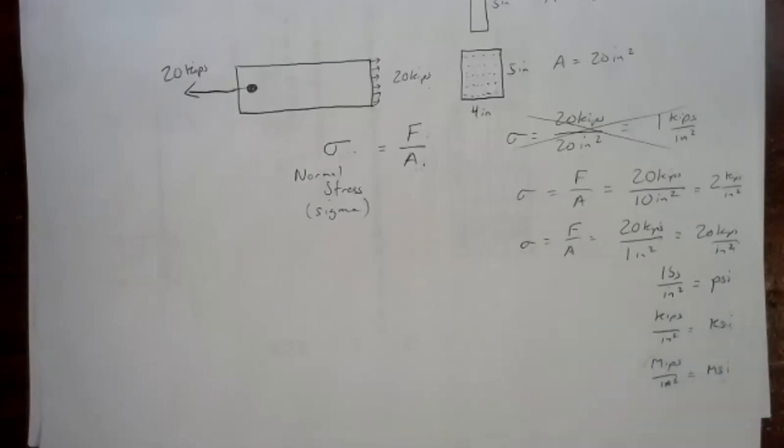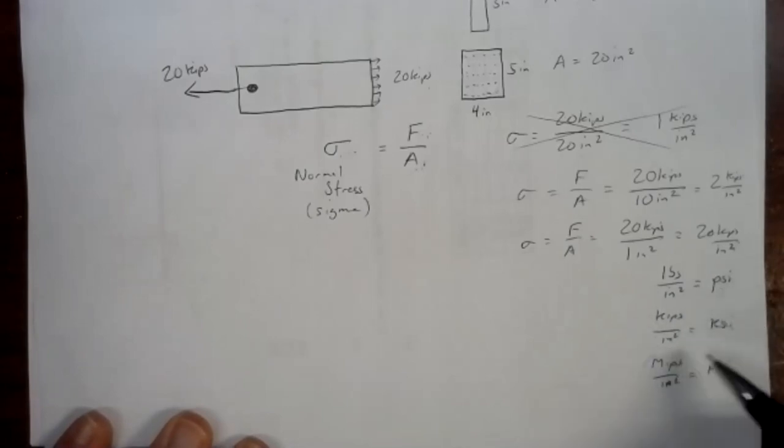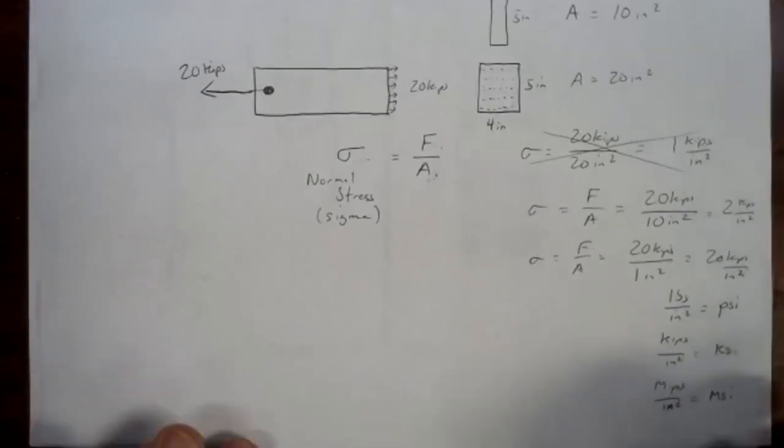But those are the three units we tend to use for stress: PSI, KSI, or MSI. And the biggest thing to keep in mind is that some calculations will require you to put your units into PSI. So if you've done all your calculations in KSI, you'd have to tack on an extra 3 zeros if you need to use PSI. But I'll show you those when we get there.